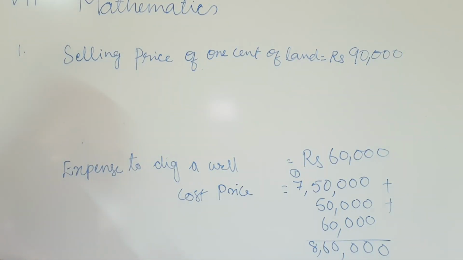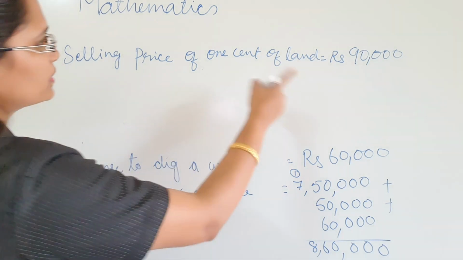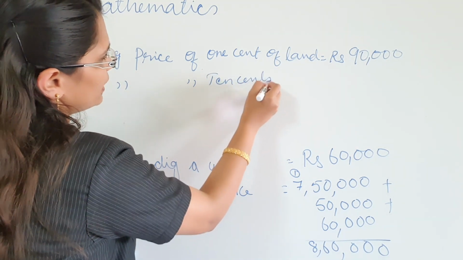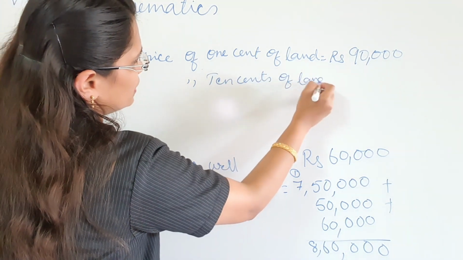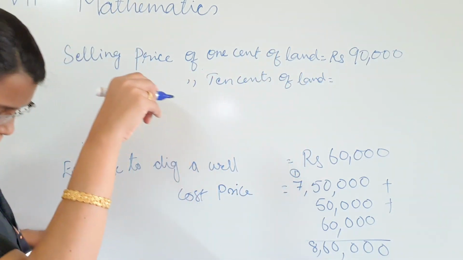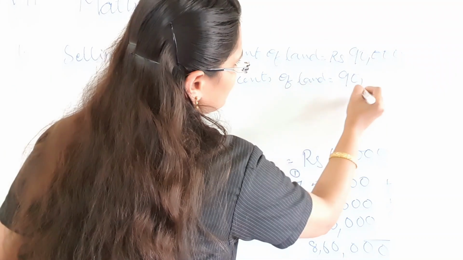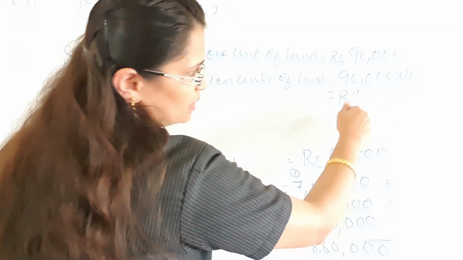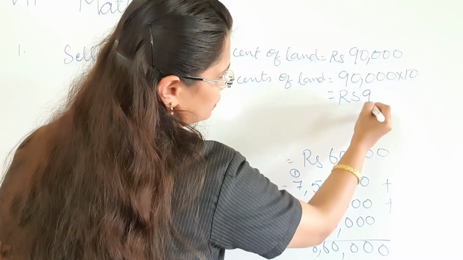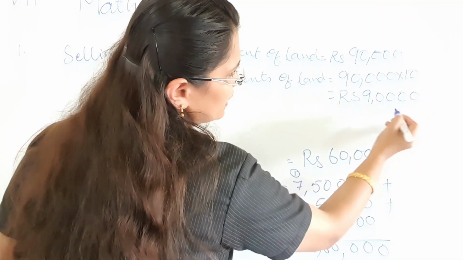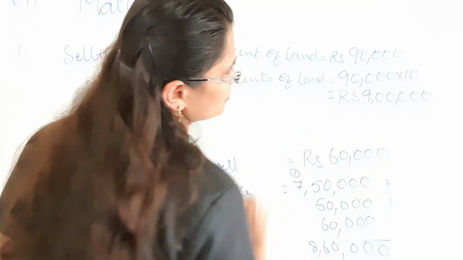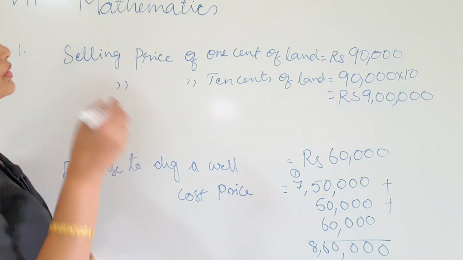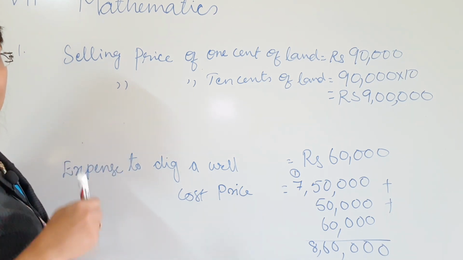Then selling price of 10 cents of land is equal to 90,000 into 10. What is 90,000 into 10? Again add one extra zero here. So it will become 9 lakh. So rupees 9 lakh. Then check whether this is a gain or loss.